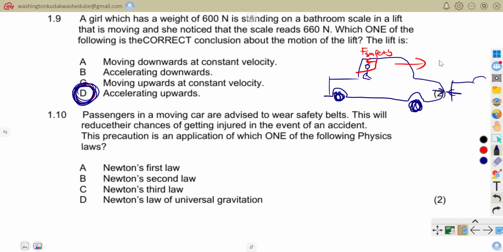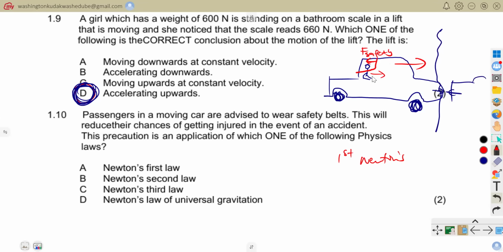What will happen is this car will stop, momentarily stop. When it stops, by Newton's first law, we know that we should actually continue moving. An object will continue moving unless a net resultant force acts upon it.